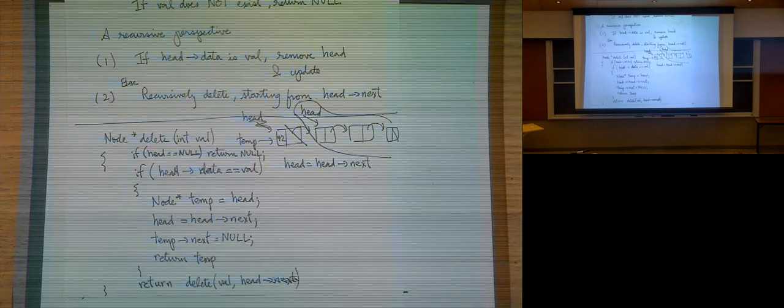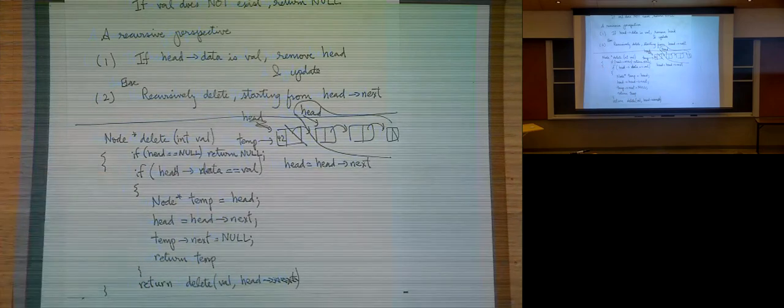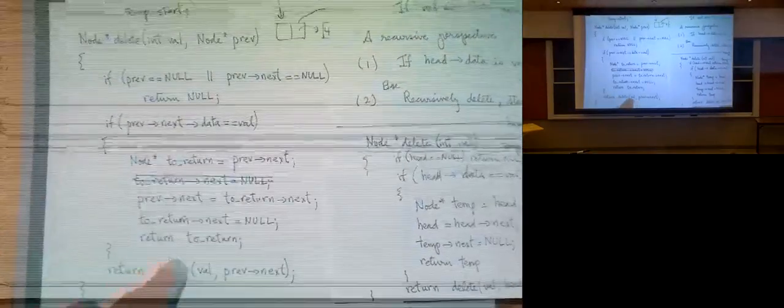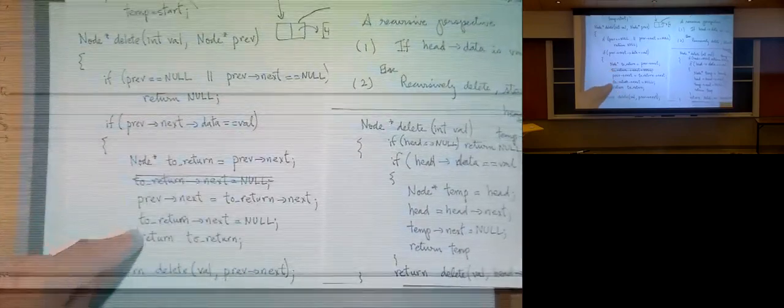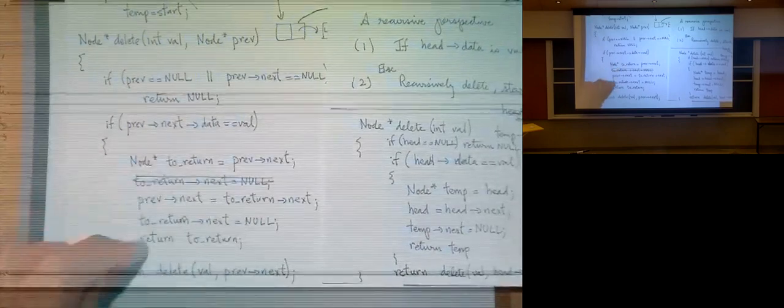Now, deletion of the head is a separate case because the head has to change, although the logic you see here seems analogous to the logic that you have here. If you read it line by line, it's almost the same: the return, setting null.